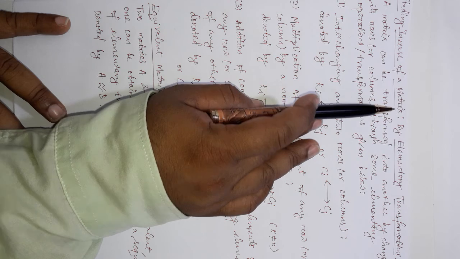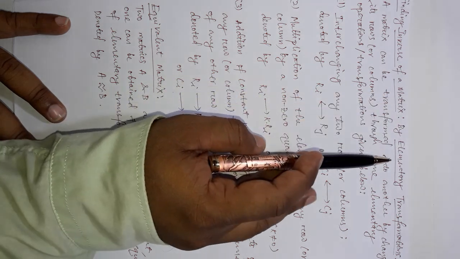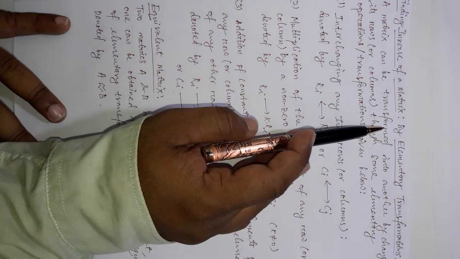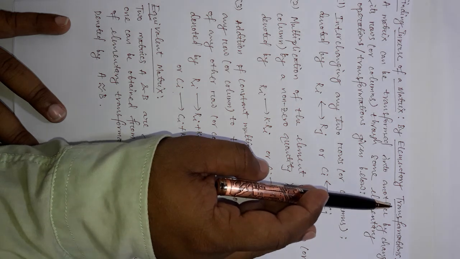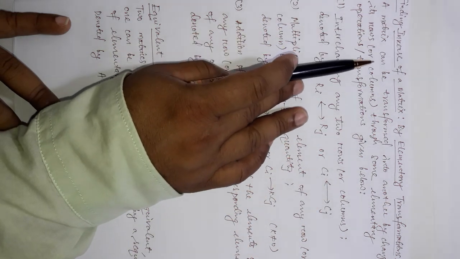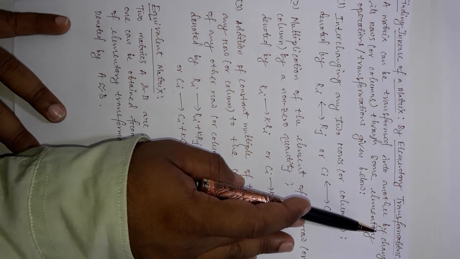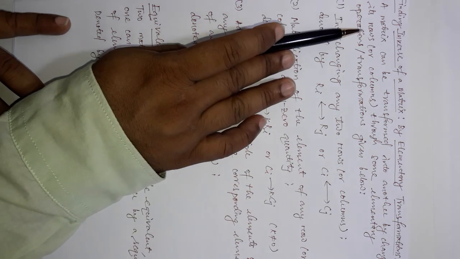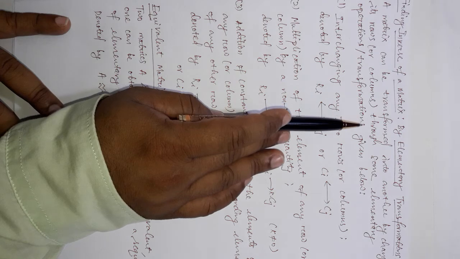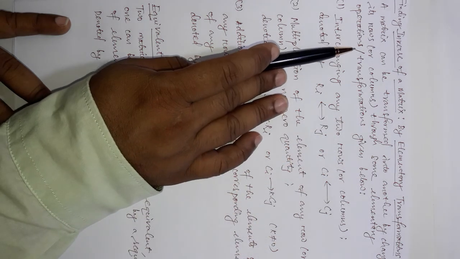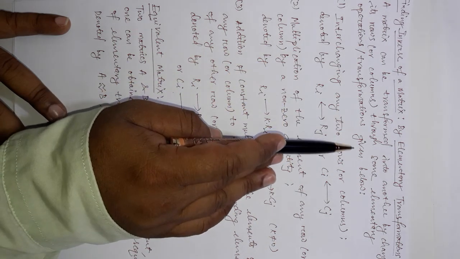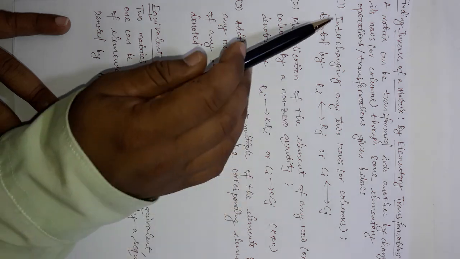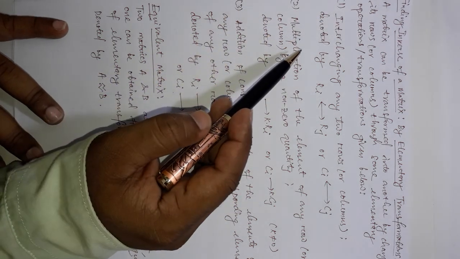So, friends, let us discuss what elementary transformations mean. A matrix can be transformed into another matrix or another form by changing its rows or columns through some elementary operations or transformations which are given below. You can see three operations are given.